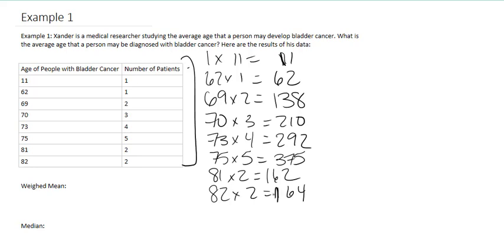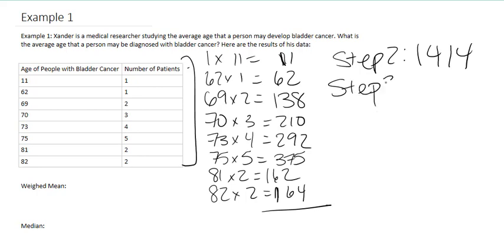Now, when we add up all these numbers, which is step 2 from the last lesson, we get 1,414. Now step 3, we add up the number of patients, which is 20.